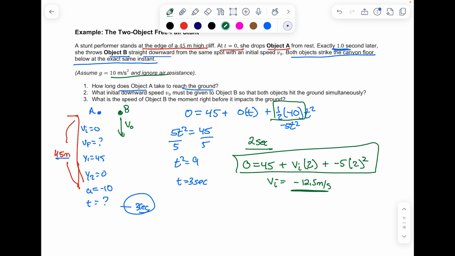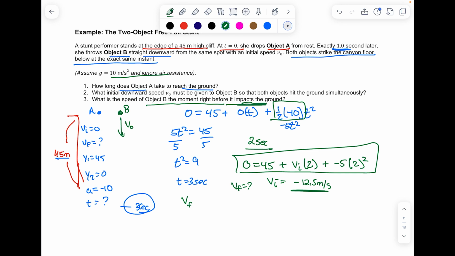Then part 3: what is the speed of object B the moment right before it impacts the ground? I'm trying to solve for v final. I know the time, and v final is the question mark.